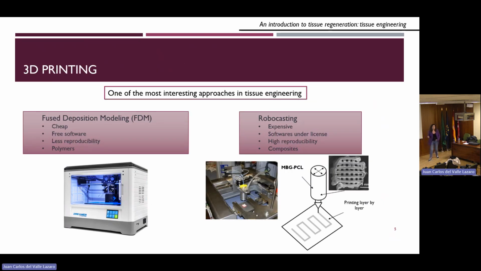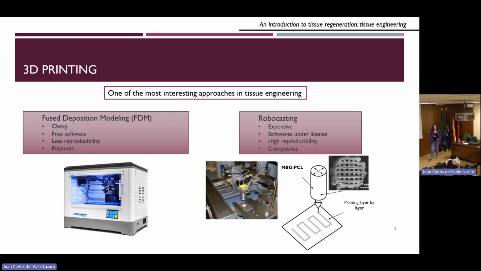It's important to mention that one of the tools we use a lot in tissue engineering is 3D printing. We cannot think about tissue engineering without thinking of this technique. It's a very good approach because it allows us to do many things. I have put two different kinds of 3D printing here, and one that is very usual is fused deposition modeling, which is cheap.